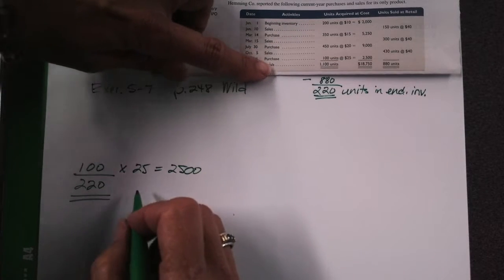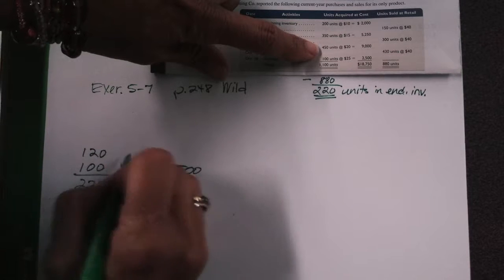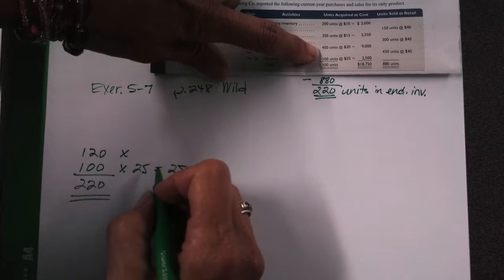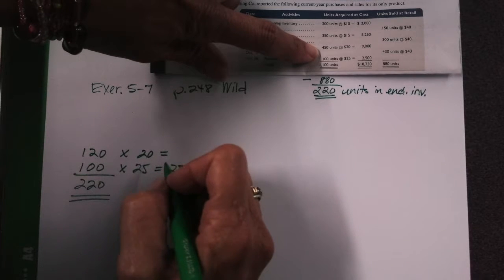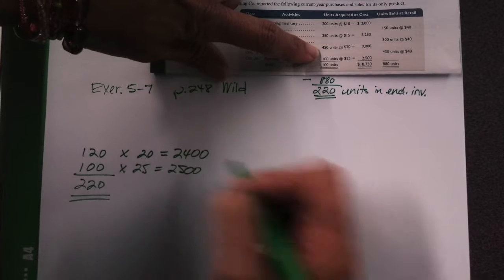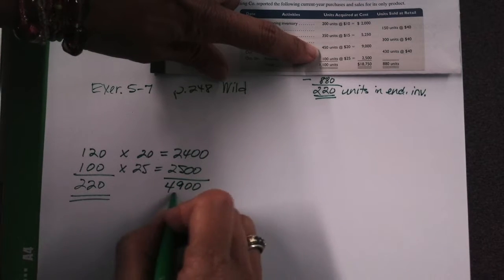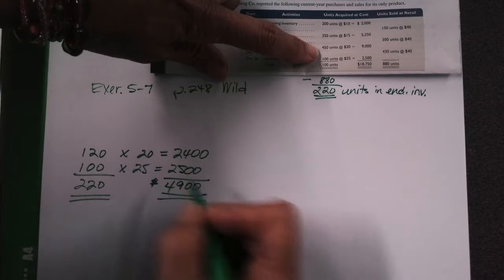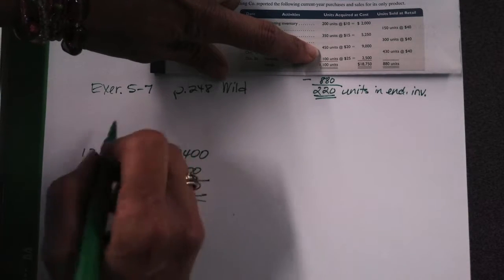Okay, and then the whole other 120 units would come from the next most recent purchase, which was at $20. So that'd be what, 2,400. So 4,900 is the value of our 220 units that are left in ending inventory.